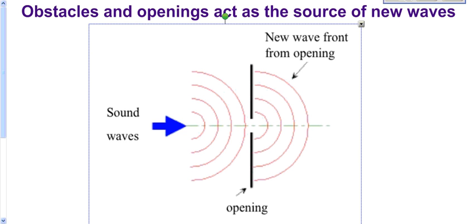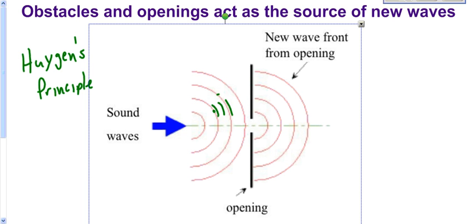So diffraction then, and this is trivial, but the whole idea that every point on a wave really is acting like the source of a new wave is called Huygens. That's a funny name, but I think he's Dutch or something. Huygens' principle, and it's all about the spreading out. So if I picked this point, for example, on the wave, it is really like another whole wave spreading out from that point.